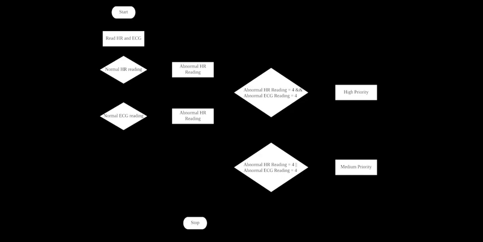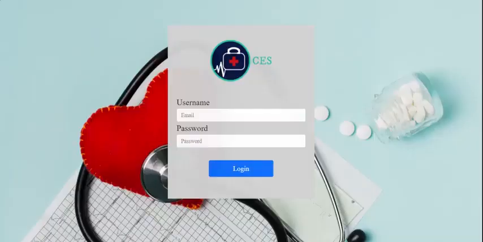So a patient with higher priority will get the appointment with the doctor. Let's say 2 patients ask for the same time of appointment. If patient A has the high priority, patient B won't get the appointment for that time, and they need to make another appointment.